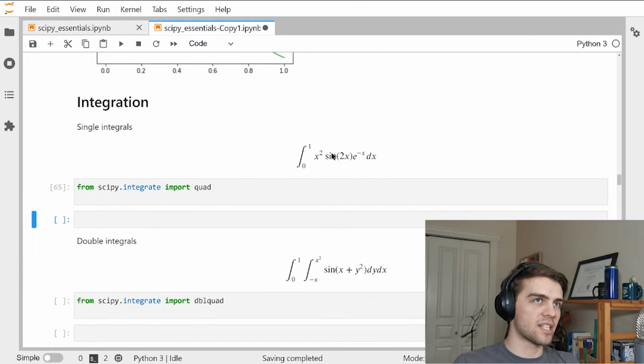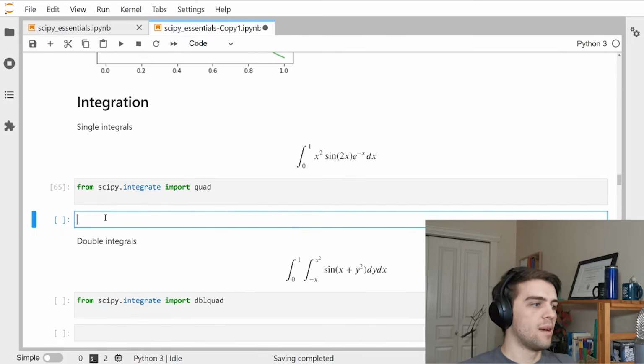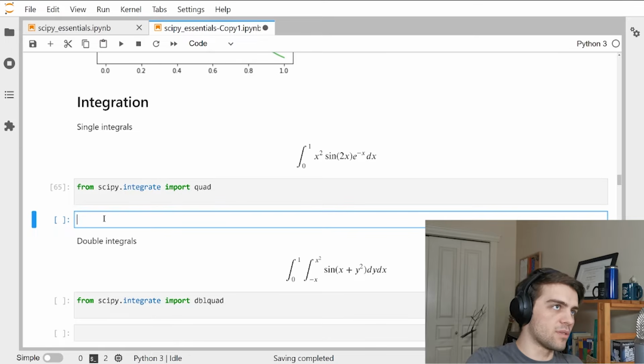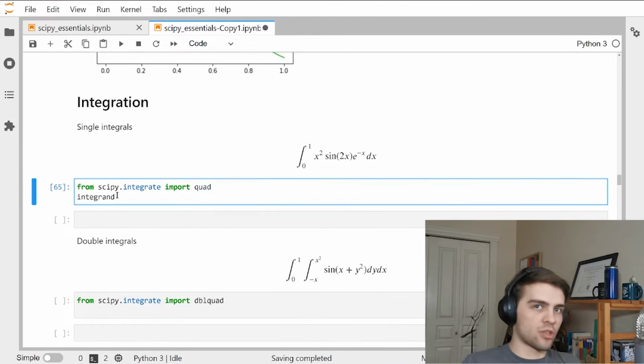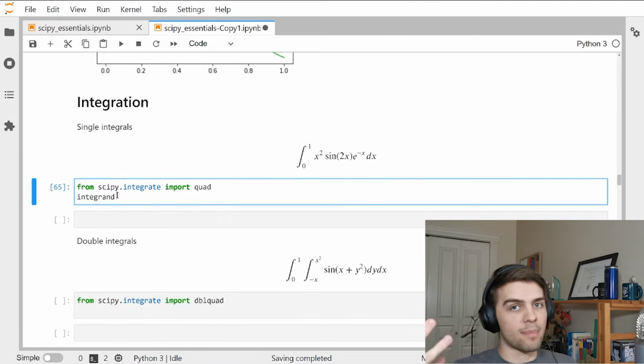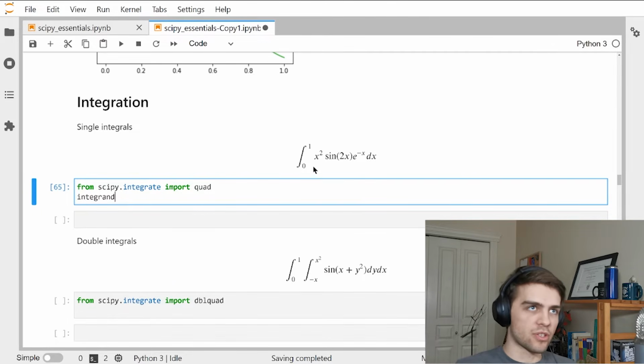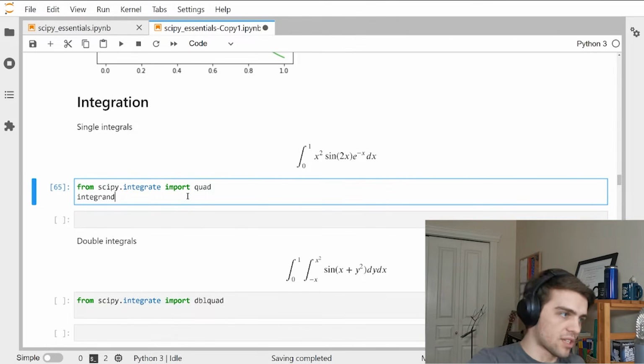Now, if I want to evaluate this integral, I don't know if you could do that by hand. It's kind of an annoying function. But once I import this, I define my integrand. Whenever you're doing integrals in SciPy, you define the integrand of the function, which is x squared sine 2x e to the negative x. So I define the integrand as a function.